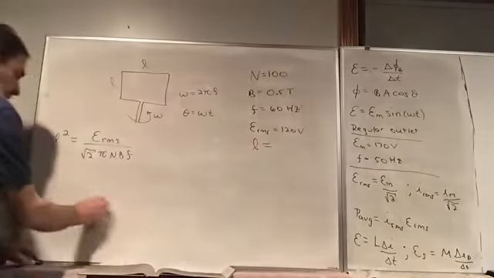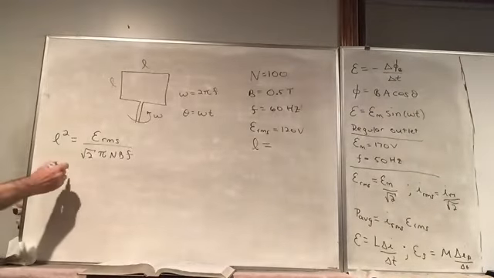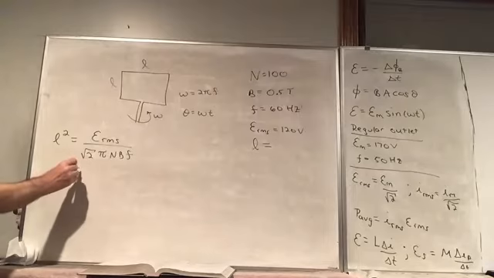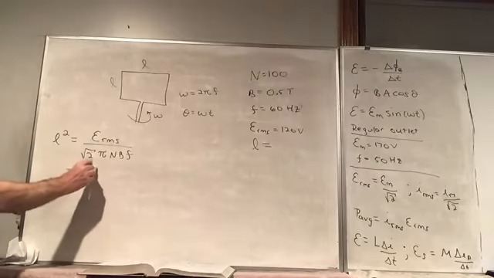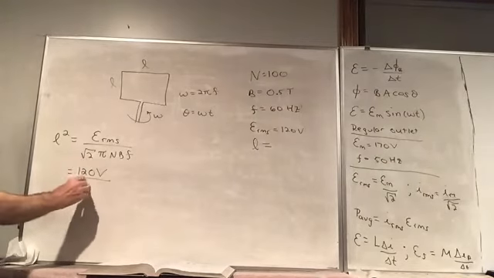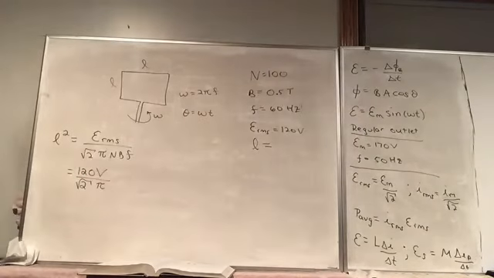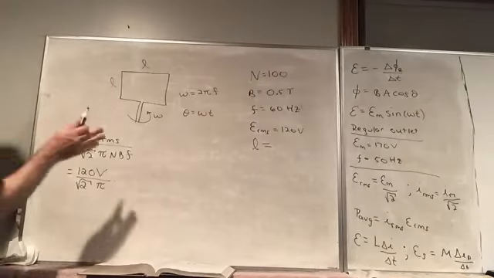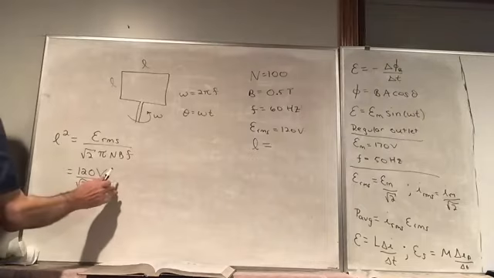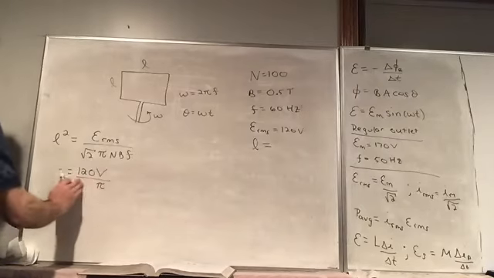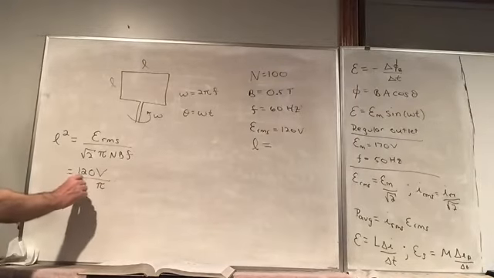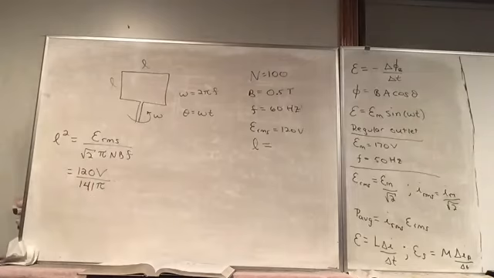Okay, so let's do this. We've got 120 volts. N is 100. So 100 times the square root of 2 will be about 141.